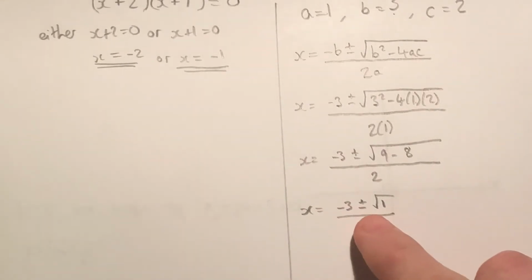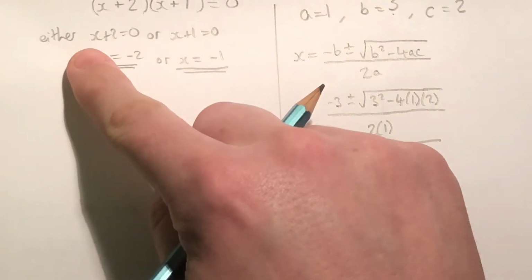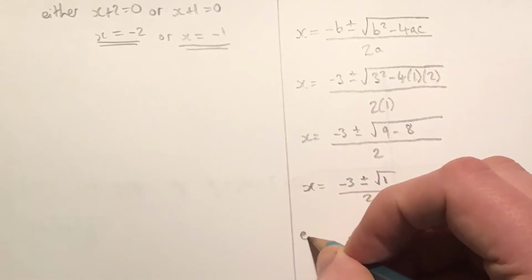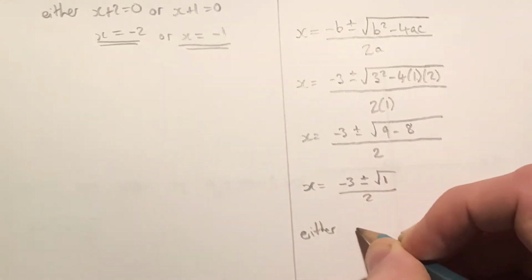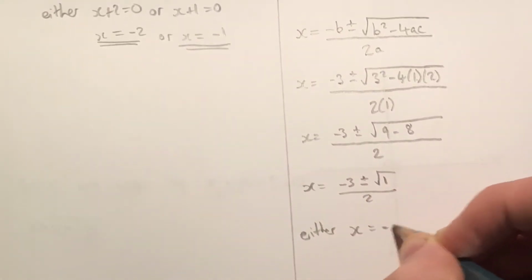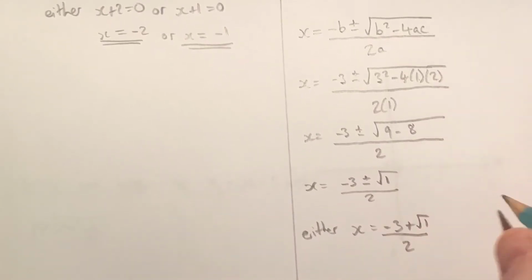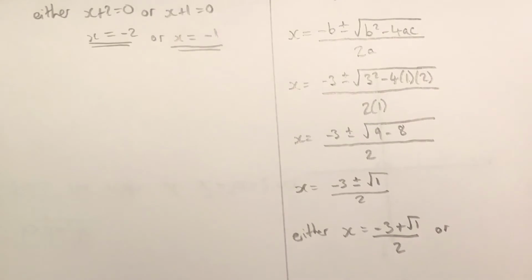Now at this point, we've got this plus or minus here, which means we can make a similar either-or statement, but involving the quadratic formula. We can say that either x is equal to minus 3 plus root 1 all upon 2, or x is equal to minus 3 minus the square root of 1 all upon 2.